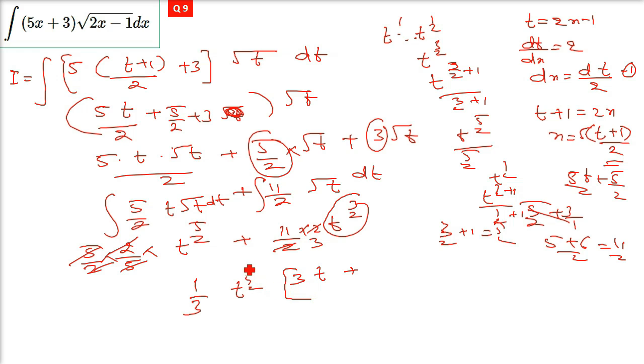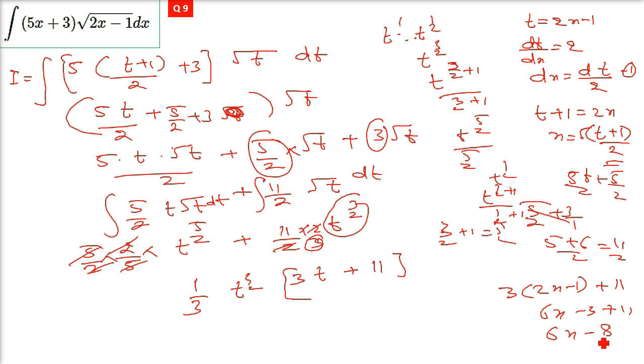So you have to multiply these 3 as I suggested. This 3 was already taken. You have 11 and this will be because t 3 by 2 is already taken. So now we have come to a very safe point where you can replace it. Now this 3t, t is 2x minus 1. So you get 3 into 2x minus 1, 6x minus 3 plus 11, 6x plus 8, it's not minus 8.